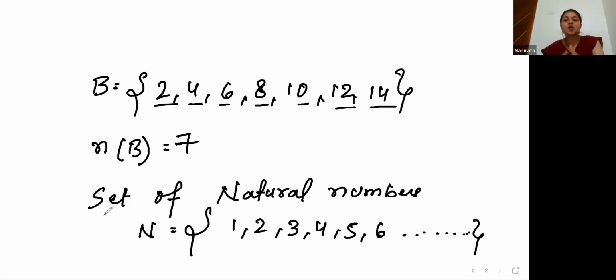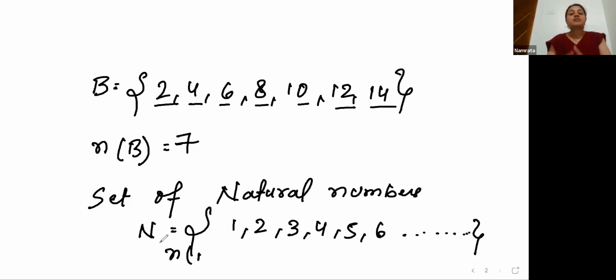Why? Because we are not able to count it. If we have to write the number of elements in the above set, then the number of elements is infinite. Okay, so a finite set means we can count the number of elements. 10 elements are there, 12 elements are there, 7 elements are there; you will be able to count it.